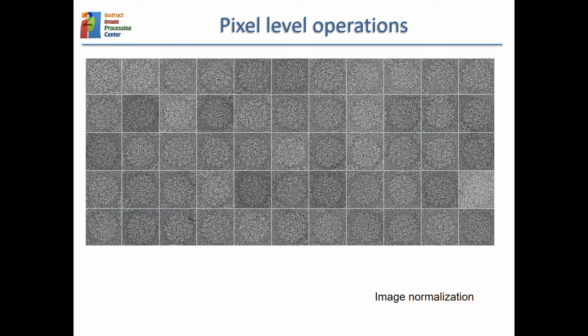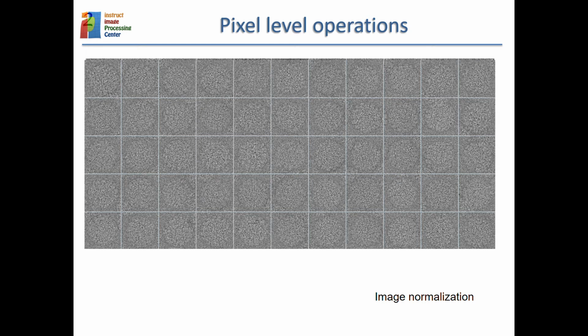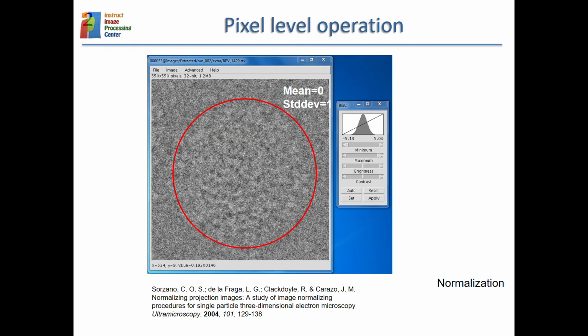If you make a global normalization, then they all become more alike in gray values. This is just something to keep in mind when you are looking at images, and it will also play an important role when you are doing 3D reconstruction.